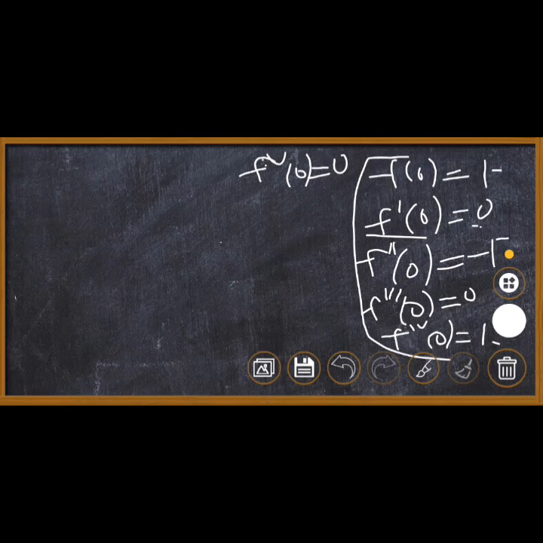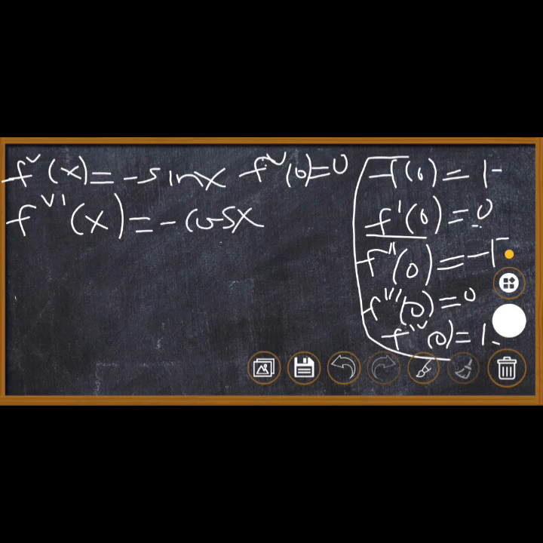So in this case then, remember we had our fifth derivative of x equal to negative sine x. So in this case, what is the sixth derivative of this? The derivative of sine is just cos, so here we're going to have negative cos of x. So if we replace where there is x with 0, we are going to have the sixth derivative of 0 equated to negative cos of 0.